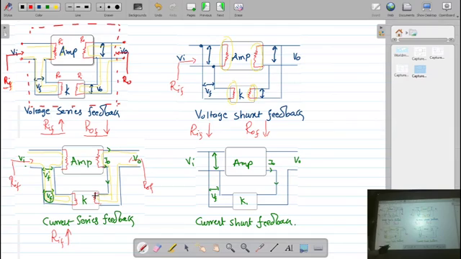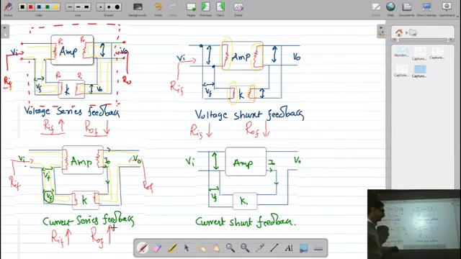So naturally, the output resistance will increase. So ROF is going to increase. This is the amplifier where due to this negative feedback, input as well as the output resistance is increasing.